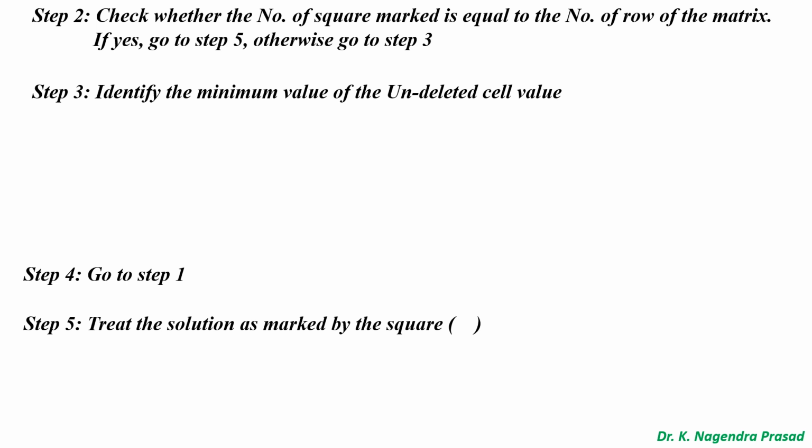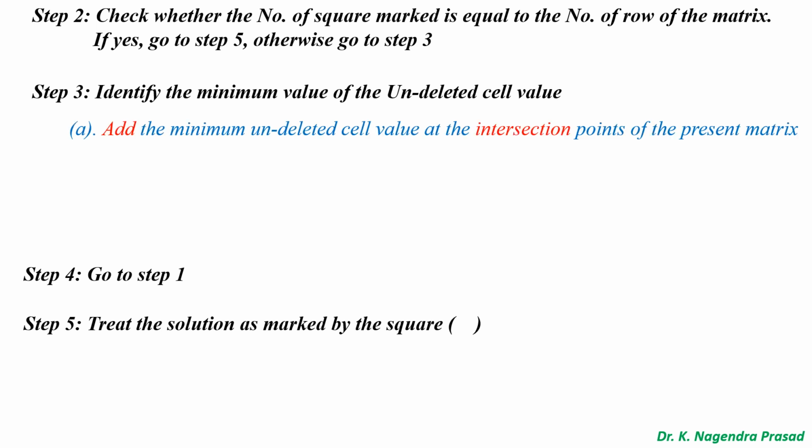So the second step is to check whether the number of squares marked is equal to the number of rows of the matrix. If yes, then directly go to step 5. That is, we consider that solution as the optimal solution. Otherwise, we go for step 3. The third step is to identify the minimum value of the uncovered cell values.